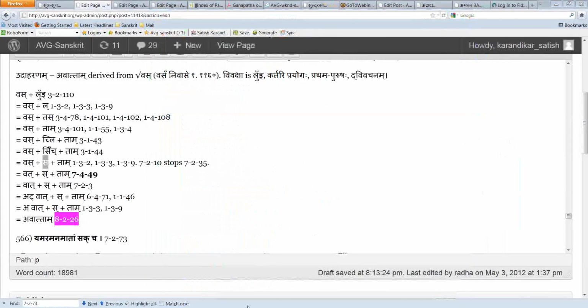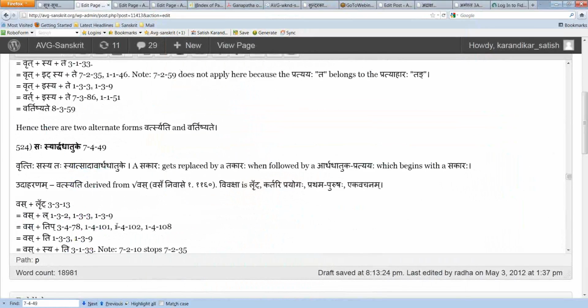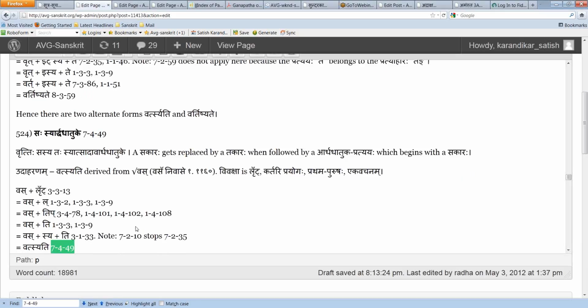Okay, if you want, we can look at it quickly here. 7 4 49 Sasyardha Dhatuke. Okay, here it is. Sasya tasyat sadavardha dhatuke. So sakara is replaced by takaraha when followed by a pratyaya, which is the ardha dhatuka sanya and begins with a sakaraha. Now let's continue with our example.